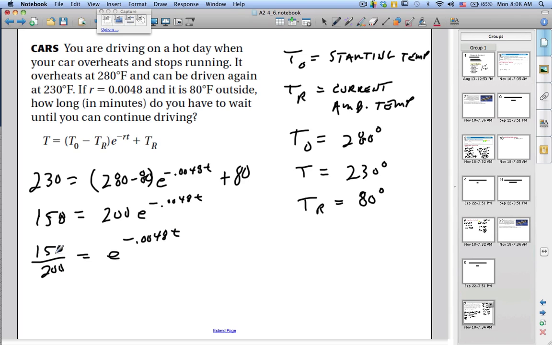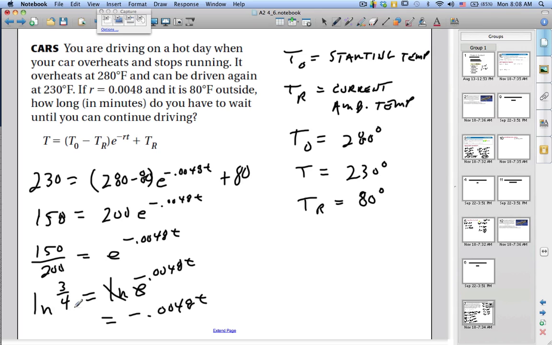Now this is 0.75, or we could say it's 3/4, either way you want to look at it. And I'm going to take a natural log of either side of this equation. I did that because the base of my power is e. This is going to cancel with that, and it'll be equal to negative 0.0048 t.